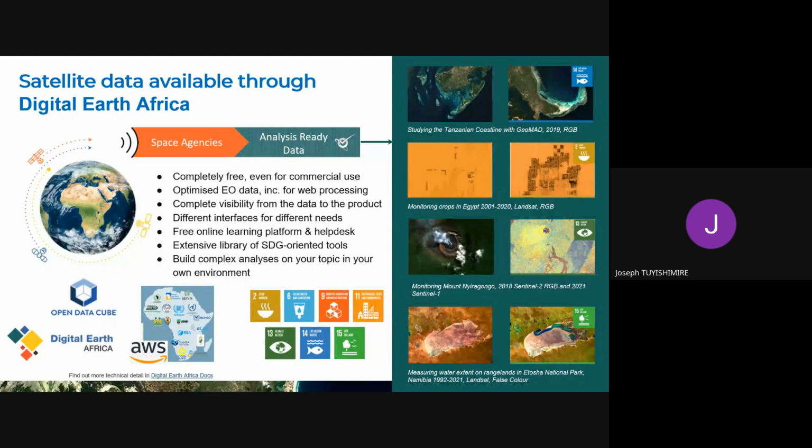And of course, everything is free, and you can always feel free to explore our online learning platform that equips you with the basic skills to use our machine learning and artificial intelligence for the processing, analysis, and visualization of Earth observation datasets.